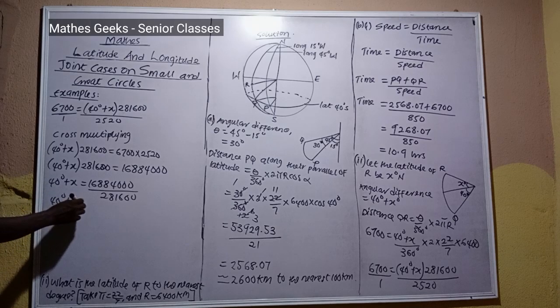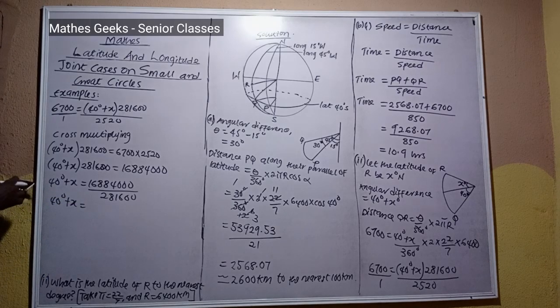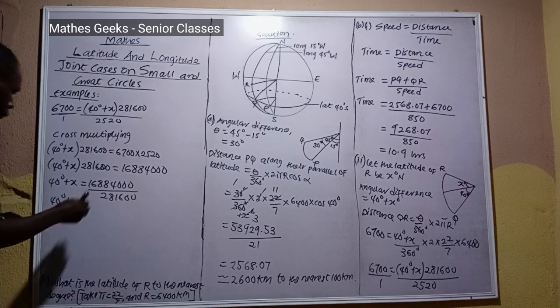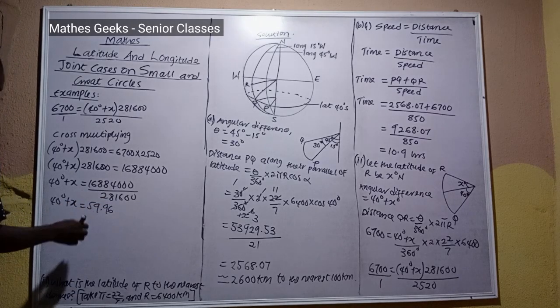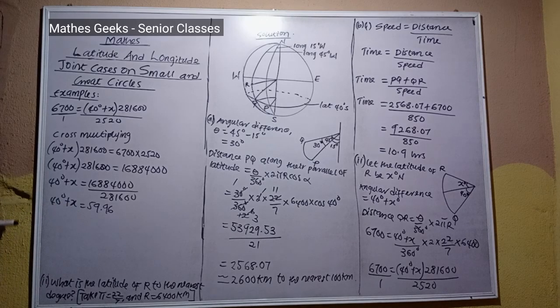That gives 59.96. So 40 degrees plus x equals 59.96.